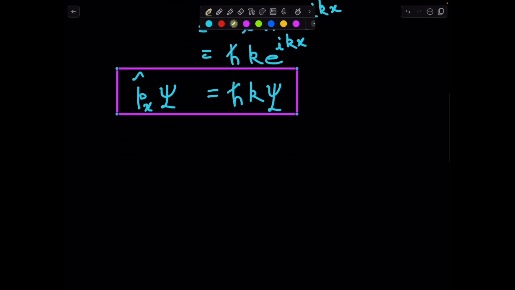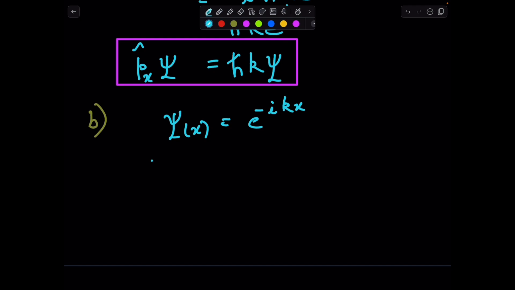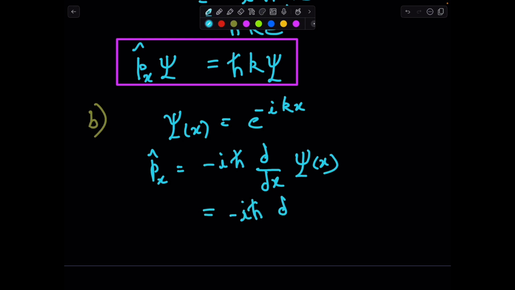Part B, psi of x equals e to the power minus ikx. Again, the linear momentum operator is minus i h cross dou by dou x of psi of x, which is minus i h cross dou by dou x of e to the power minus ikx.